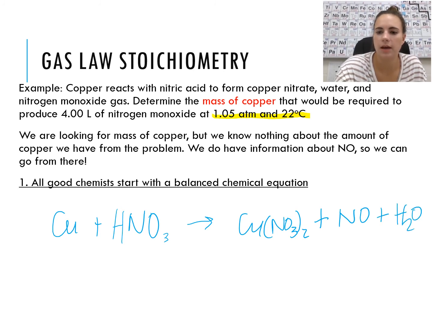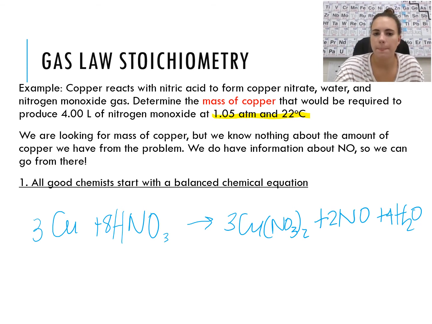And it tells me that in the question. So now I have to go through and I have to balance this equation. If you would like to pause and balance it on your own, you can. Or I'm just going to fill in the coefficients now. All right. So now we have our balanced chemical equation.